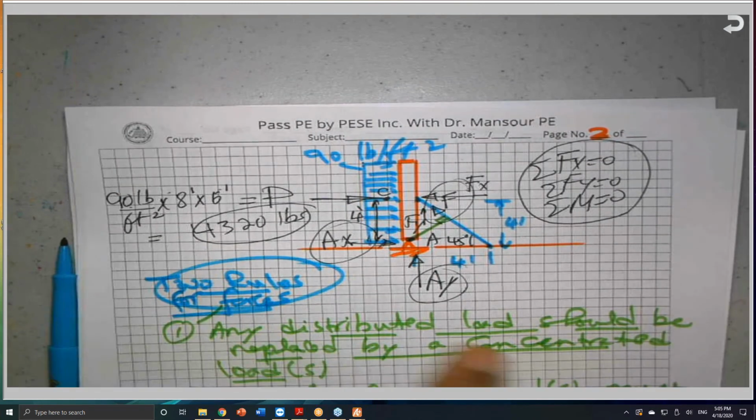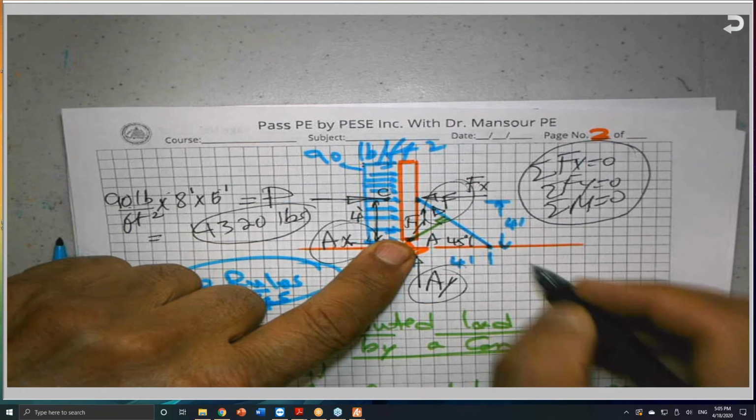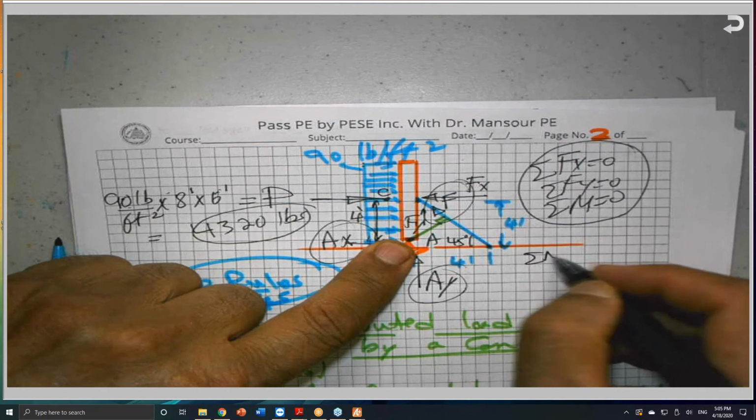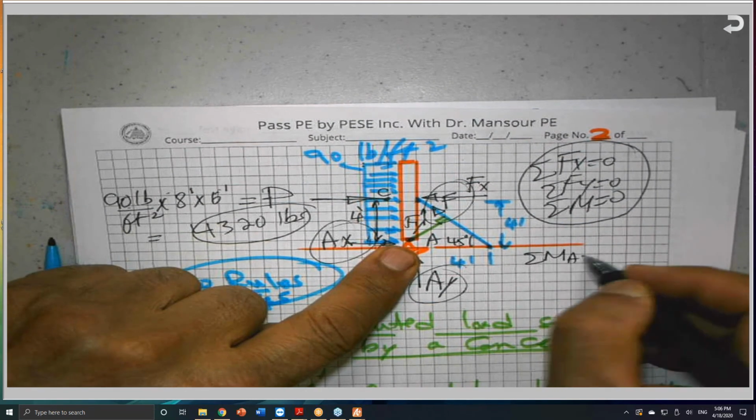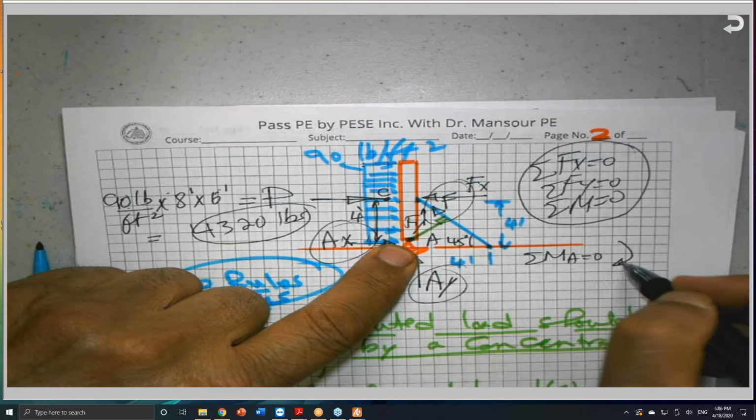So now I can go back again to the problem and apply this sum moment here. So sigma moment about A equals 0. And I can say clockwise is positive.